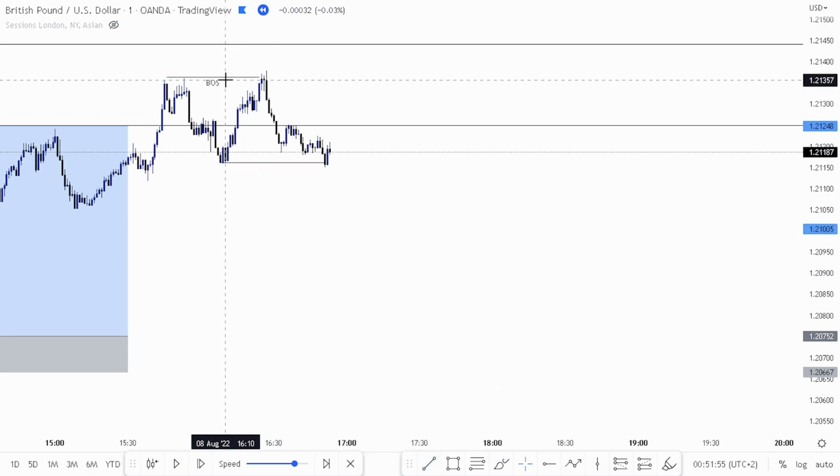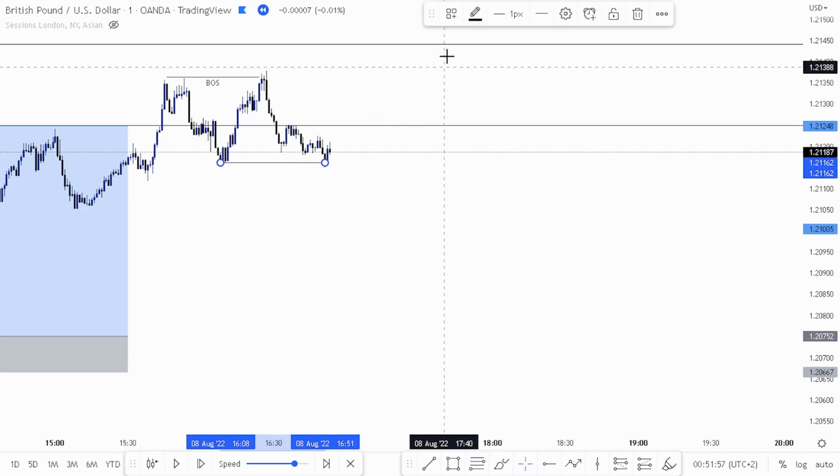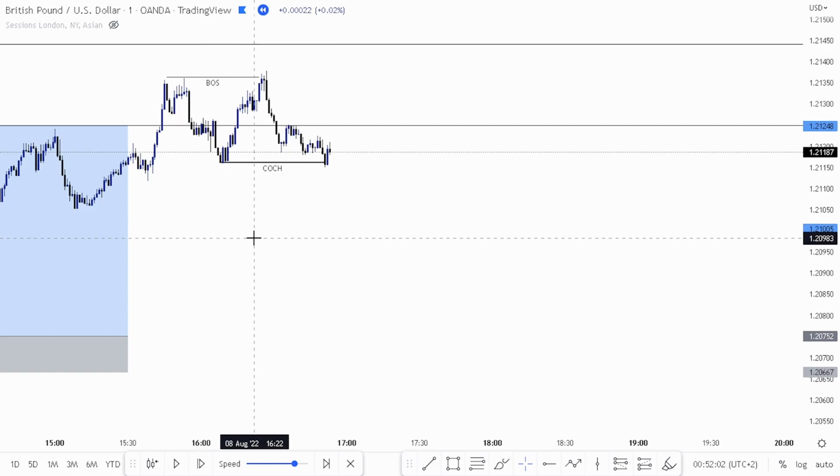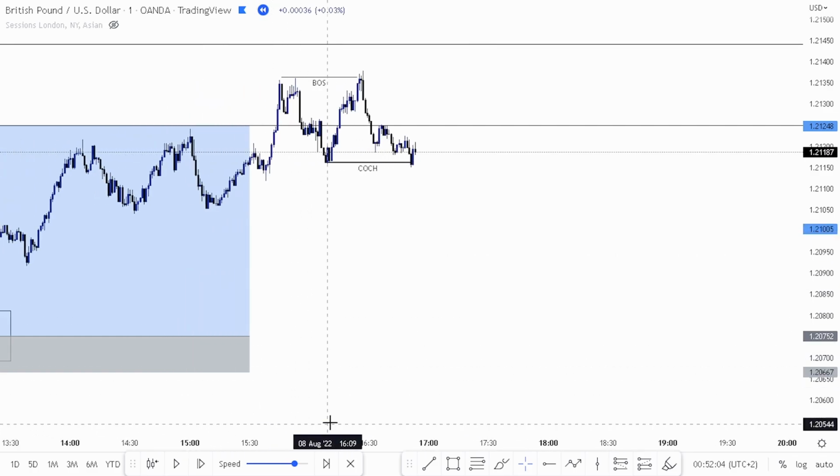Now, as you can see, a breakout structure to the upside, and now we have a change of character to the downside. Now this was the change of character to the downside.